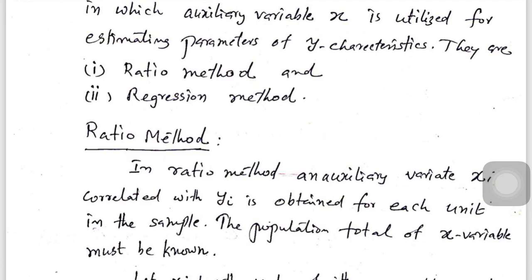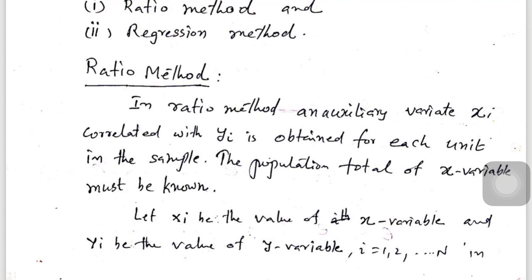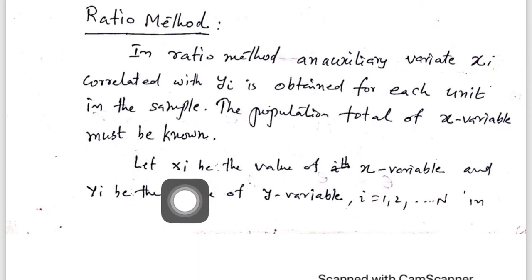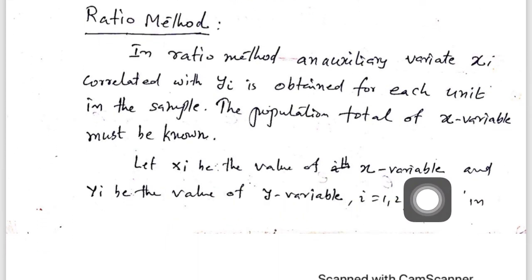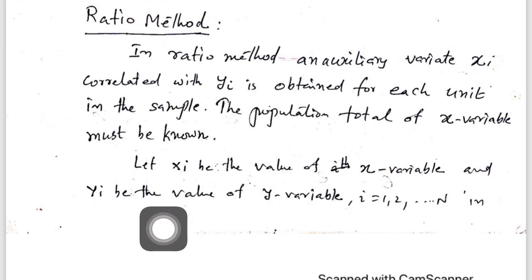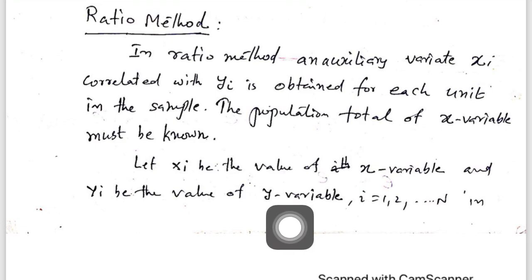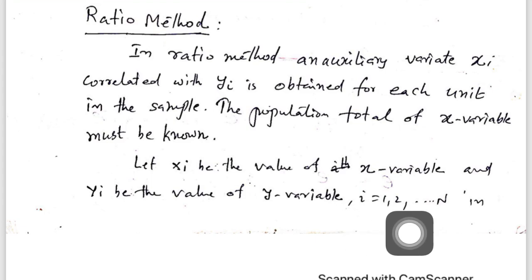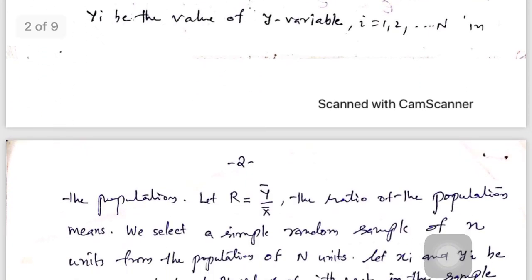Now we let capital Xi be the value of x variable, that is auxiliary variable, and capital Yi be the value of the main variable, that is y variable, for all units i equal to 1, 2, 3, etc., N. This is the notation associated to the population.